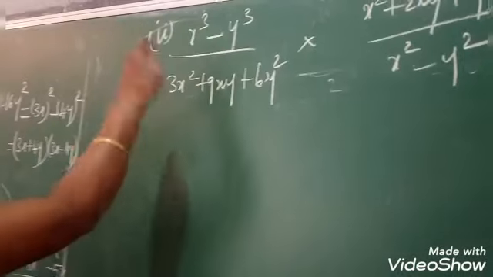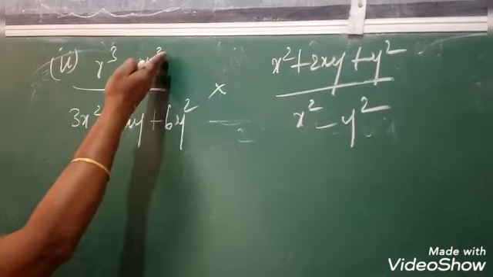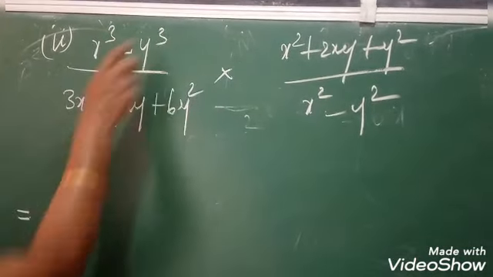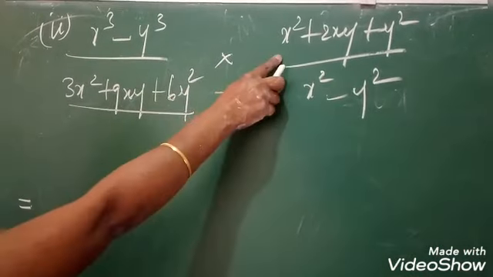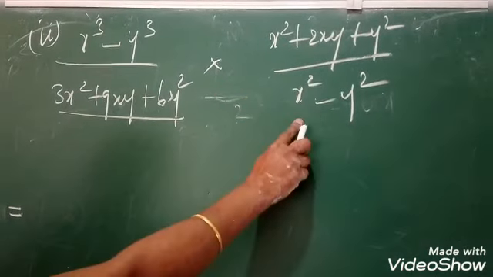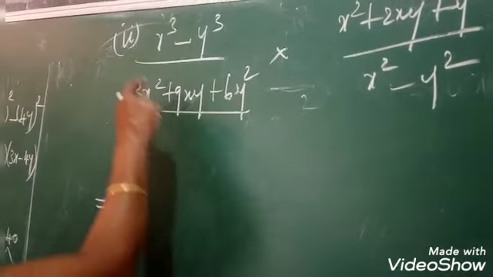See the second sum. Just I am going to see x cube minus y cube. What identity are we going to use, girls? Yes, a cube minus b cube. Here in the denominator we have to take 3 outside. Here one identity, a squared plus 2ab plus b squared. Here a squared minus b squared. Some identities we have to use here, girls.